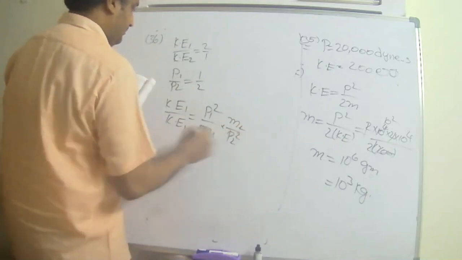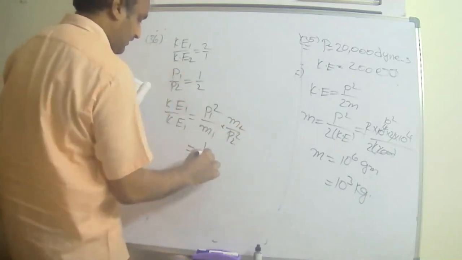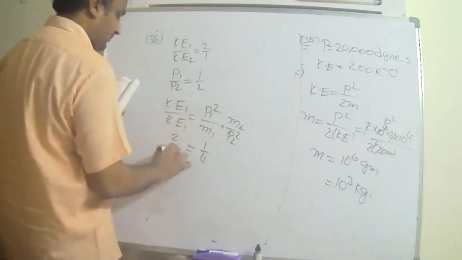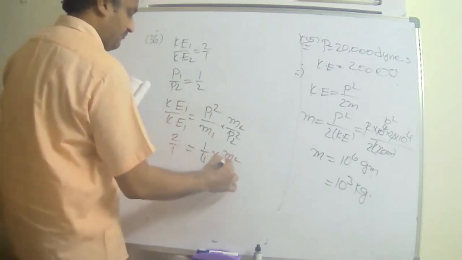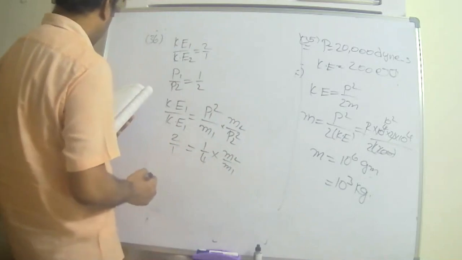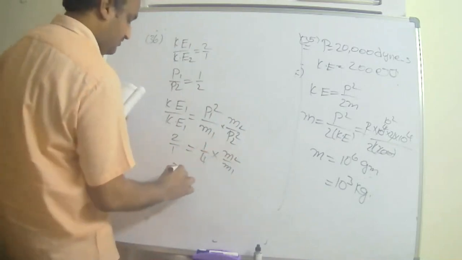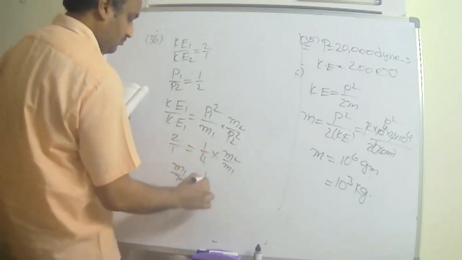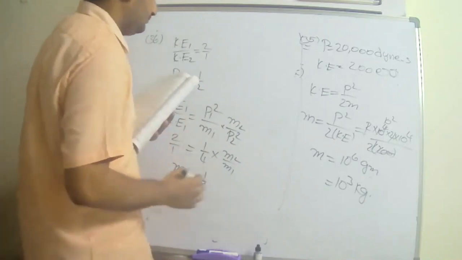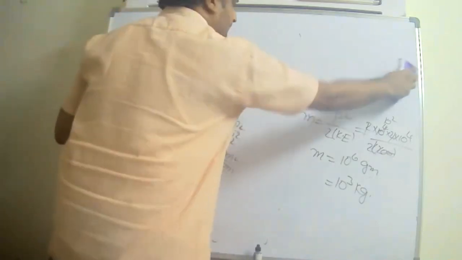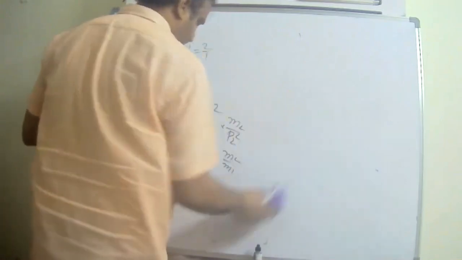So P1 by P2 ఎంత ఉంది? 1/3. Ke1 by Ke2 1/2. So m2 by m1. మనకి ఏం కావాలి? m1 is to m2 is equal to 1/8. ఓకేనా? జస్ట్ వాడి ఇచ్చిన రేషియో సబ్స్టిట్యూట్ చేస్తాం.